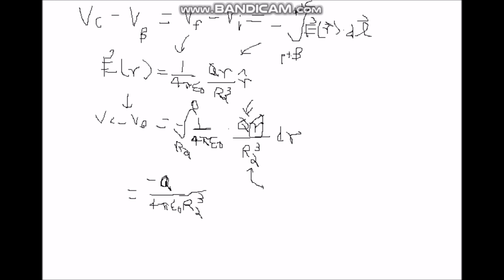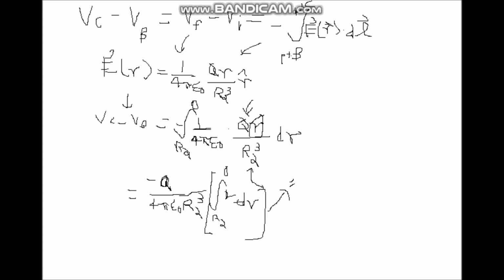Those are all the constants we can pull out of the integral, and then we're left with the integral of r dr from R2 to 0. I'm going to put this integral in brackets and show you what it equals.